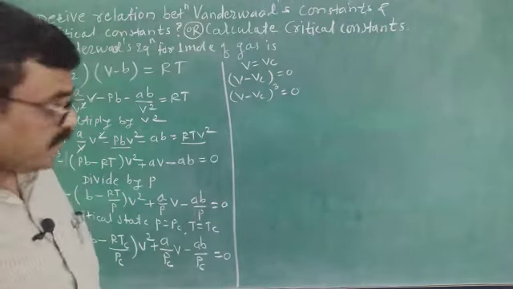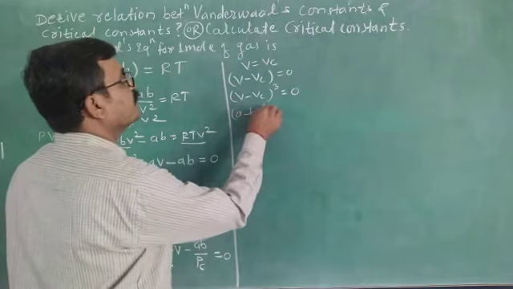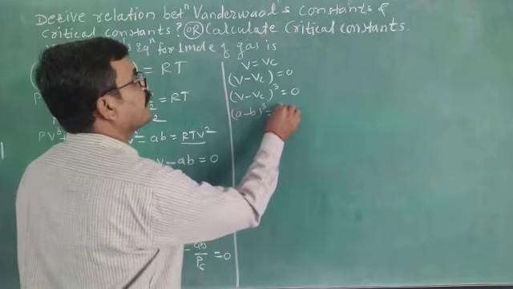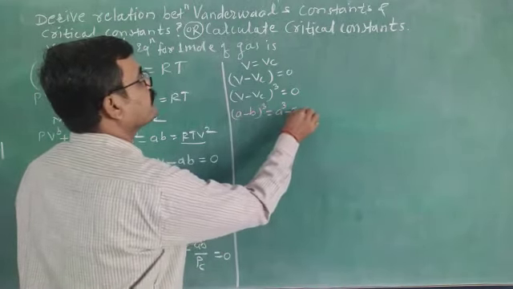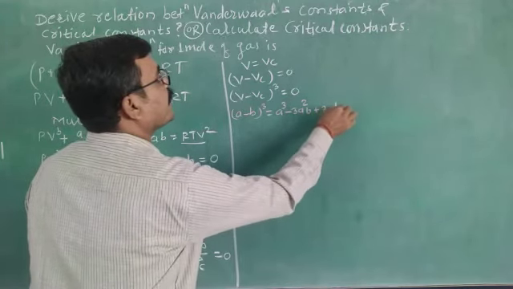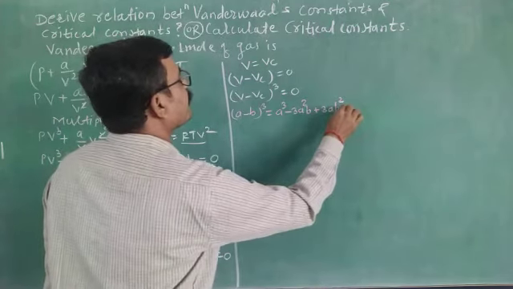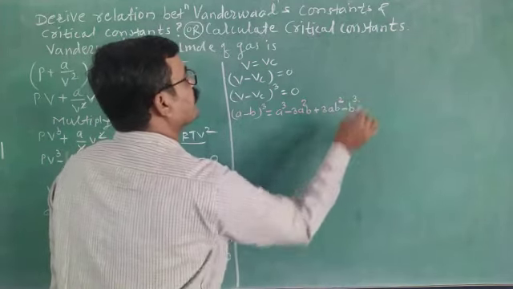Now you know if the equation is of the type (a minus b) cube, then it becomes a cube minus thrice a square b plus thrice a b square minus b cube.